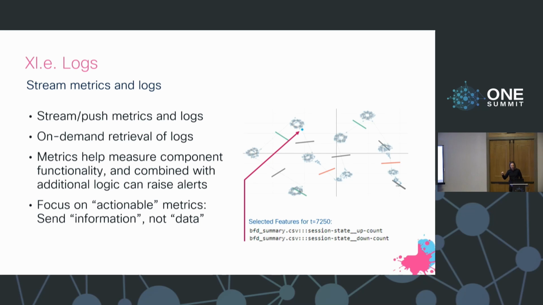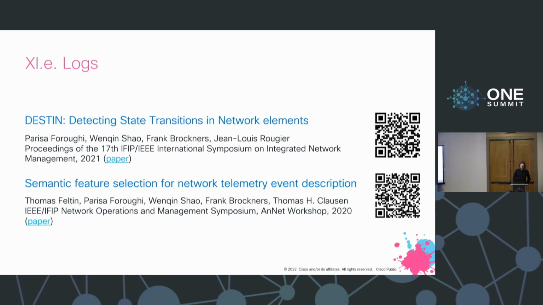Use logs only if you have to, because if you turn on all logging, it might be the last thing that you hear from that particular site, because then you clog the WAN link doing nothing else but pushing your logs out. The other thing is, even if you do metrics, we found that there are too many metrics at a particular edge location that we can get. So we need to filter at the edge. We need to focus on information rather than sending data. We've spent a fair amount of effort on that.